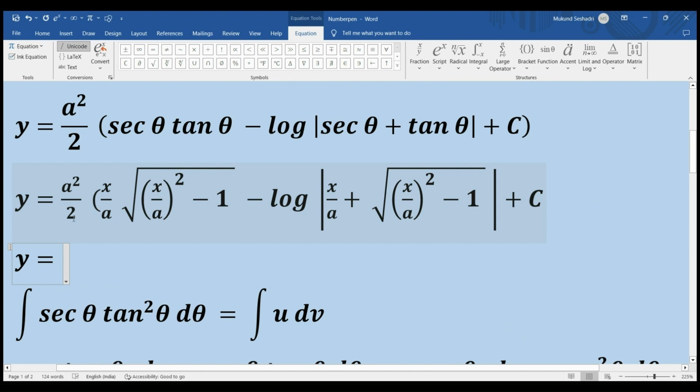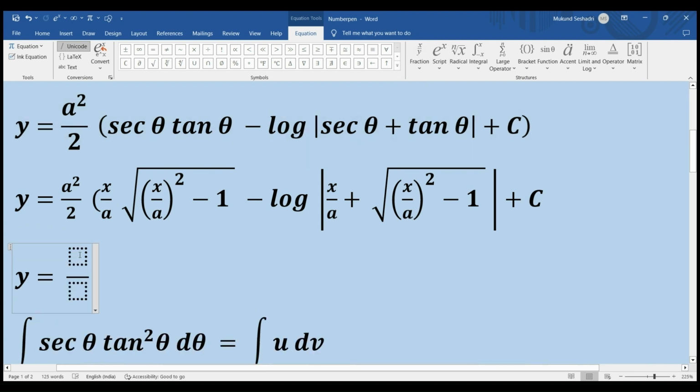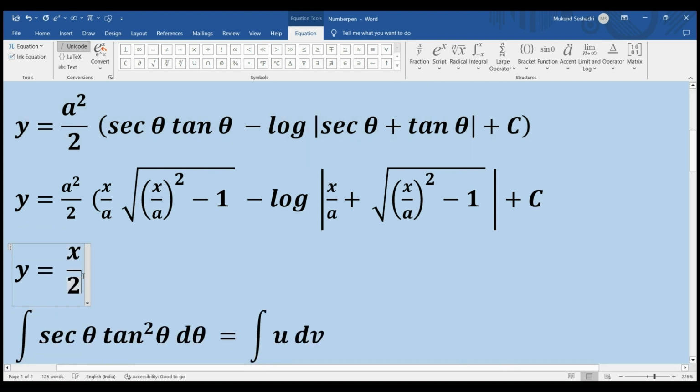The first part of the expression, if I take the a square inside the bracket, I'll be able to cancel out the a square in the numerator with the a square in the denominator. So I'll be left with x by 2 times the square root of x square minus a square.